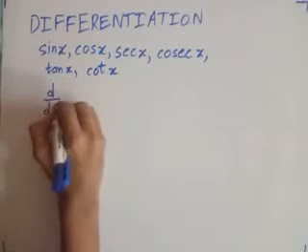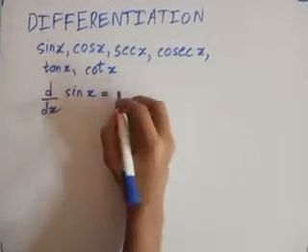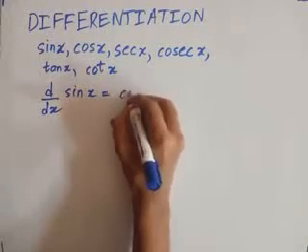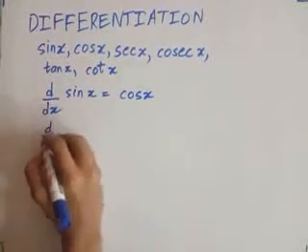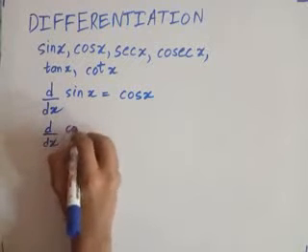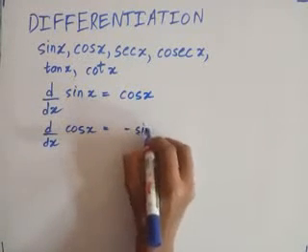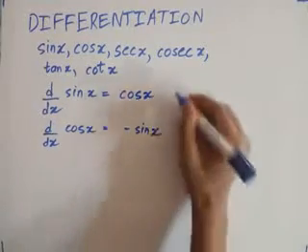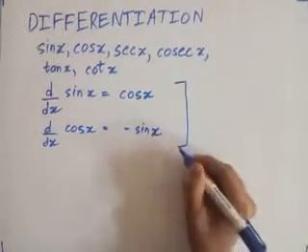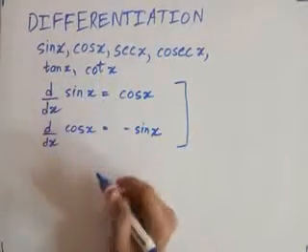So first of all, a pretty simple formula is that the derivative of sine x is cos of x, and the derivative of the function cos x is equal to minus the sine of x. So these two are really simple and we'll be using them to derive the derivatives of all these others.